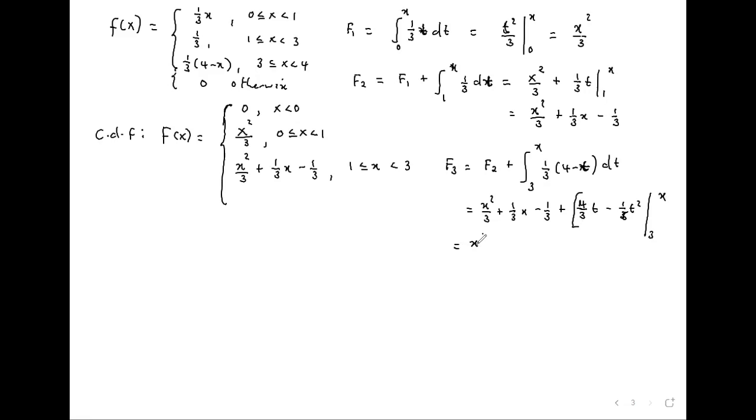So we get x squared over 3 plus 1 over 3x minus 1 over 3. Then we bring down where there is t, we take x. So we'll have 4 over 3x minus 1 over 6x squared, minus where there is t, we take 3. So we'll get 4 and then plus 9 over 6.